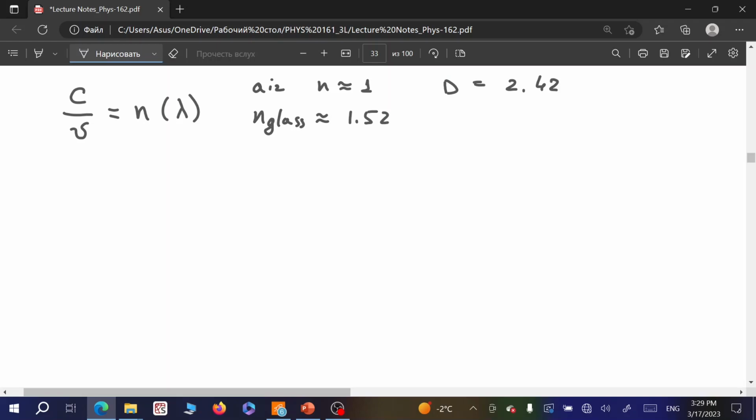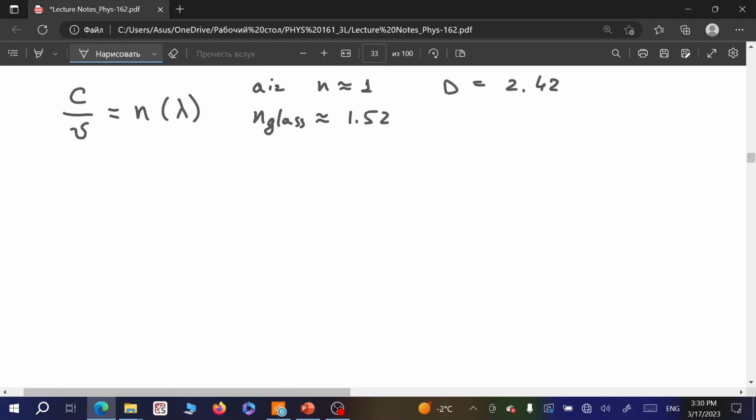Of course, this is just given some fixed wavelength, because n is a function of wavelength. And the fact that we have a much larger refractive index for diamond than glass results in this very nice appearance of diamond, because they get very high reflectivity.